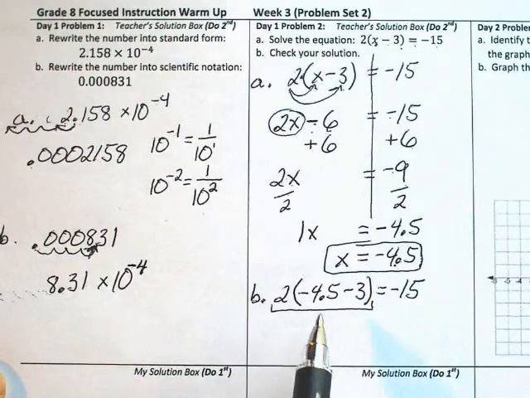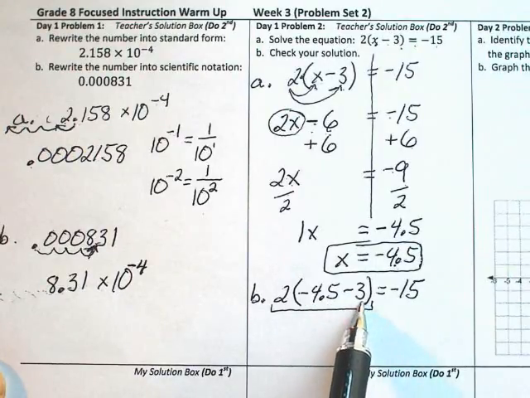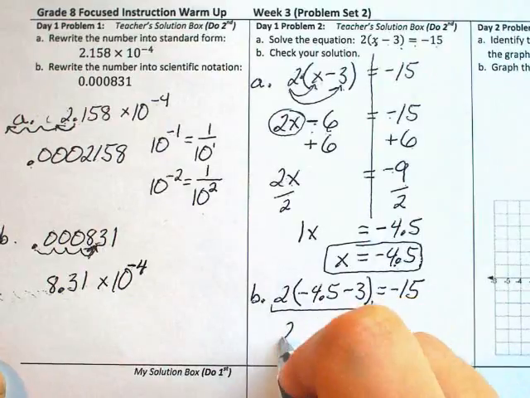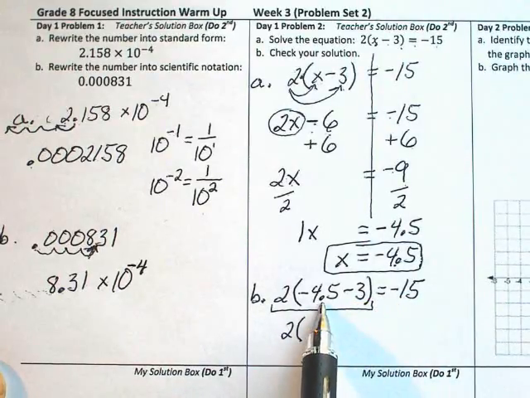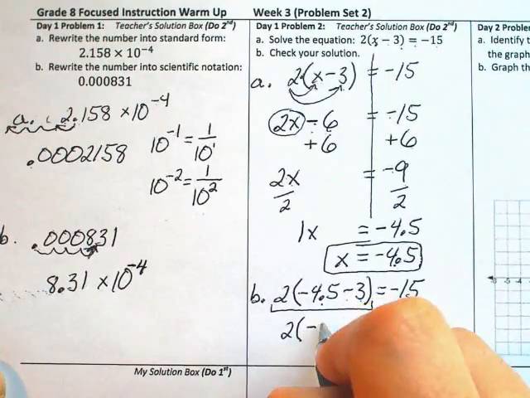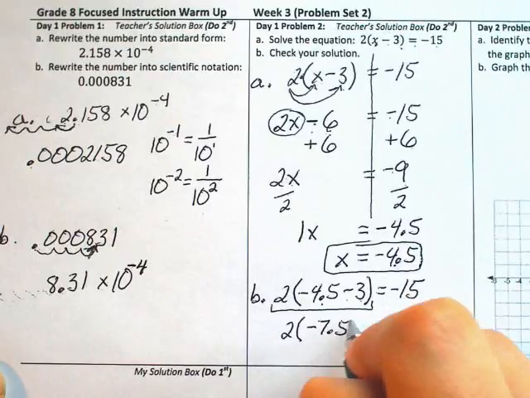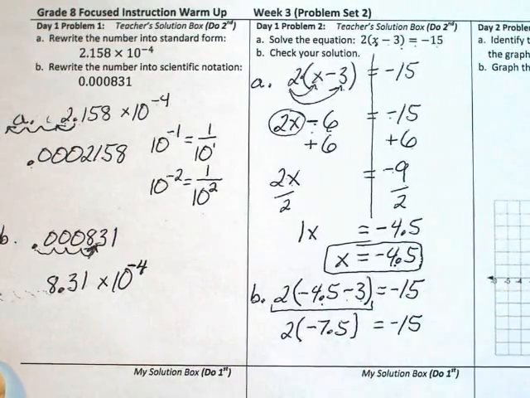So following the order of operations, we do whatever is in the parentheses first, and that is this piece right here. So we have 2 parentheses, and negative 4.5 subtract 3 makes negative 7.5. And is that equal to negative 15, we wonder? Okay. Now the multiplication, 2 times negative 7.5.